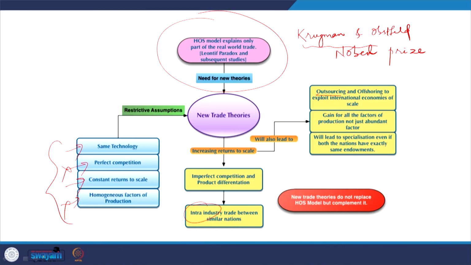As I already discussed in the last class, products can be produced by outsourcing its units, either by outsourcing or offshoring. Either you outsource and assemble in one place, or you completely assemble in another place, through offshoring. This also exploits international economies of scale.